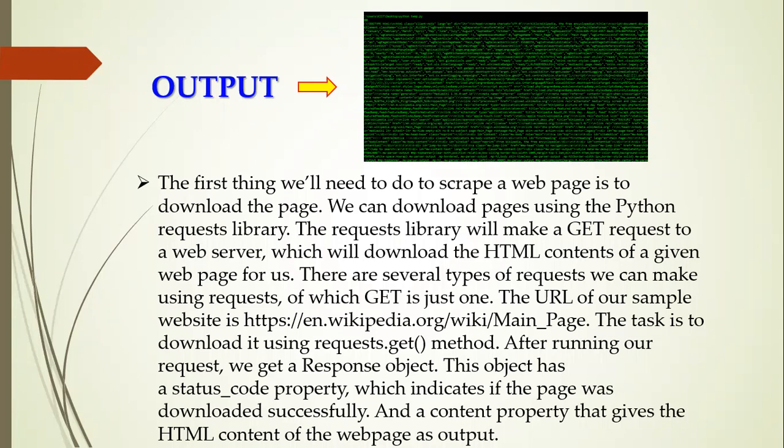After running our request, we get a response object. This object has a status code property, which indicates if the page was downloaded successfully, and a content property that gives the HTML code of the web page as output. Moving on to the next slide.